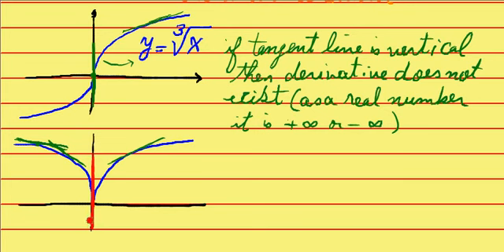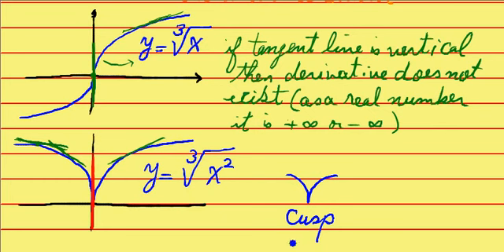Again, the slope of the tangent line there is plus or minus infinity, and that is what creates a problem for us. An example of a function that exhibits a behavior like this is cube root of x squared. This type of point where a function behaves like this is referred to as a cusp.